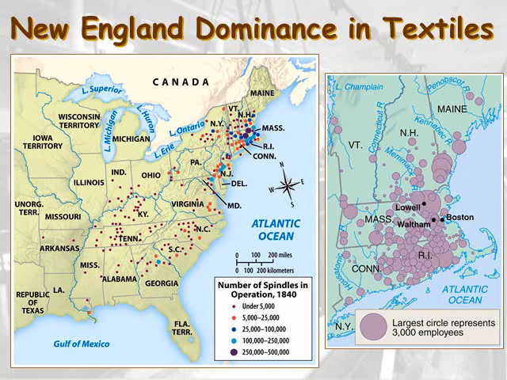Like I mentioned, the initial factories were built on water, which is why you see an abundance of factories in the Massachusetts, Rhode Island, Connecticut area. And then as the century moves on and steam power is invented, you can see the shift of the factories moving out to the Midwest.